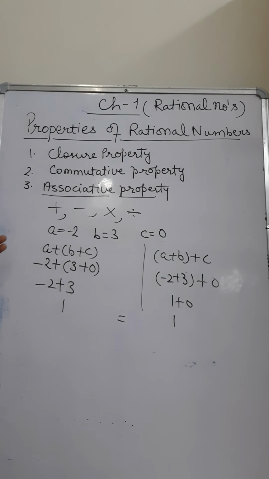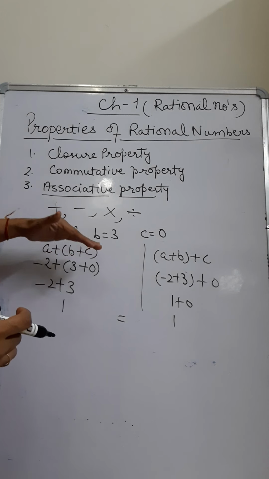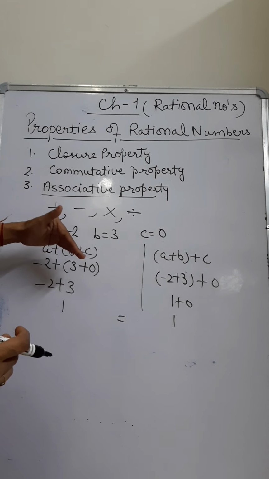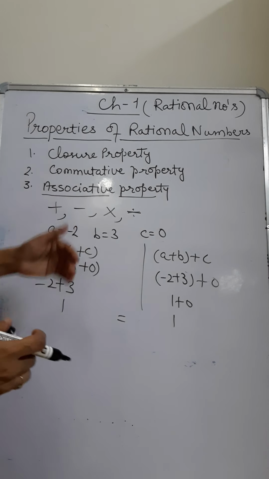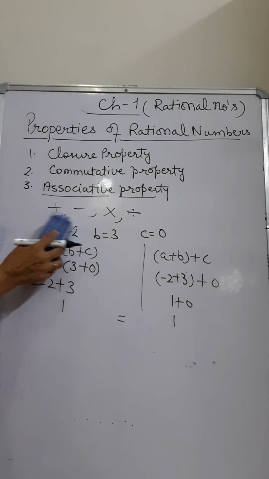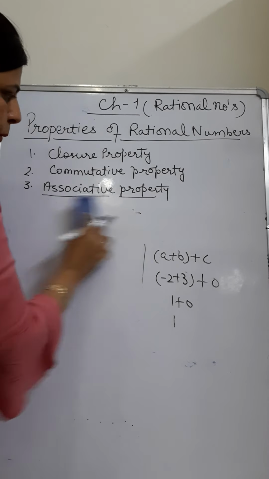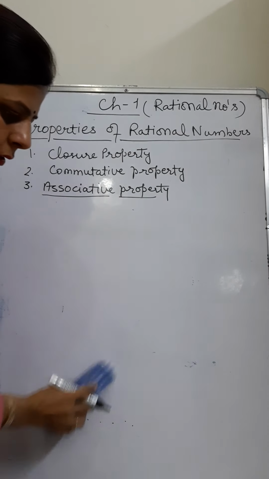It means we can arrange any three integers in any order. Same way, this property in class 8 we will study for rational numbers. Because this is the chapter of rational numbers, I am taking here the same property for addition.